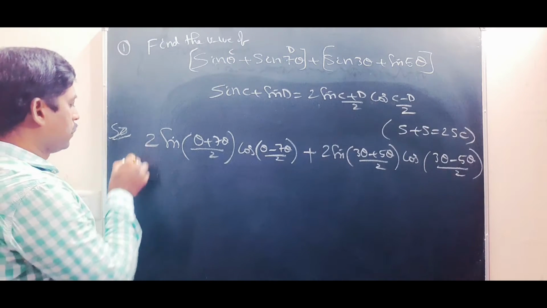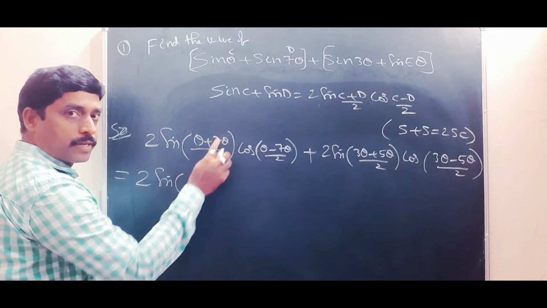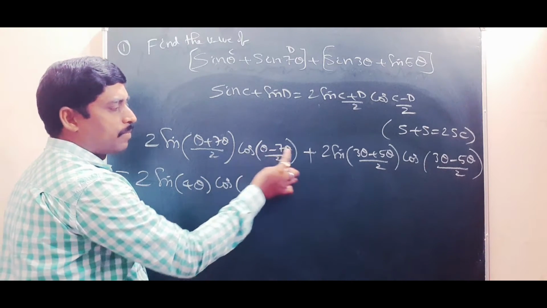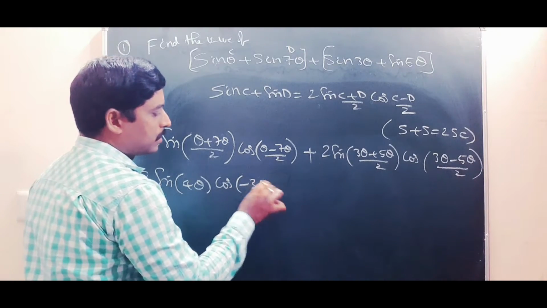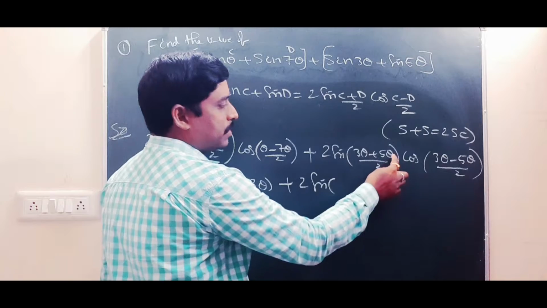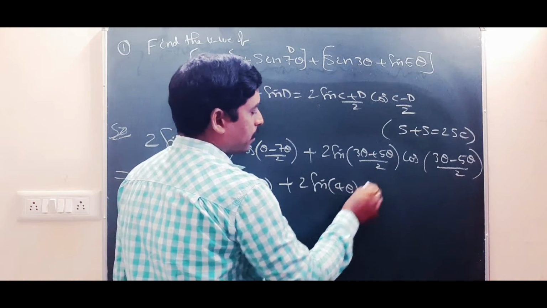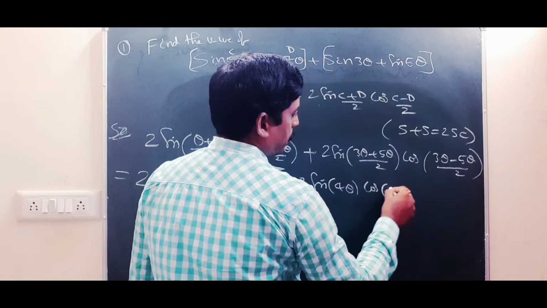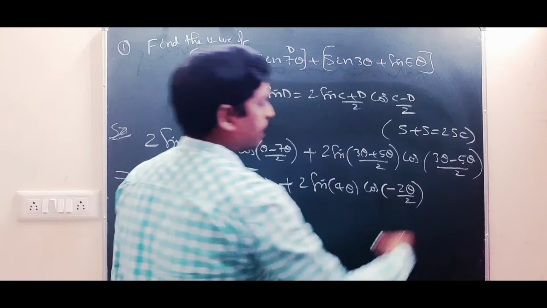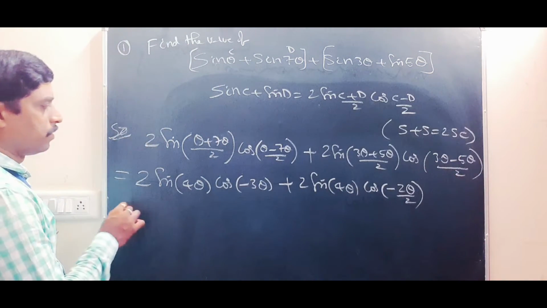Now it is going to be 2 sin, theta plus 7 theta by 2, which is 4 theta, cos of minus 6 theta by 2, which is minus 3 theta, plus 2 sin 4 theta, cos of minus 2 theta by 2.